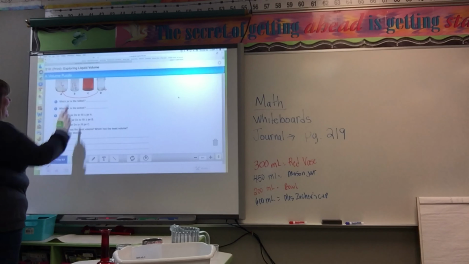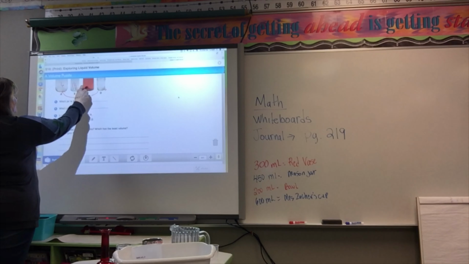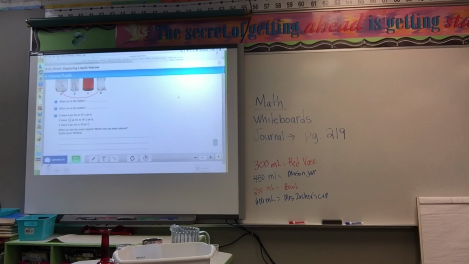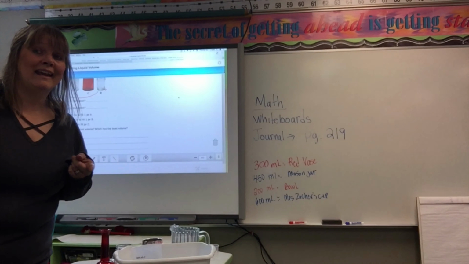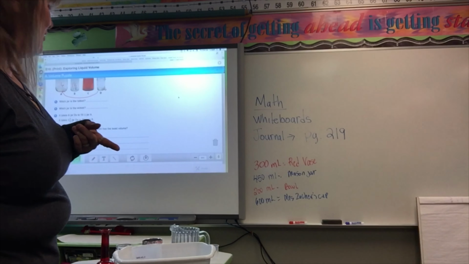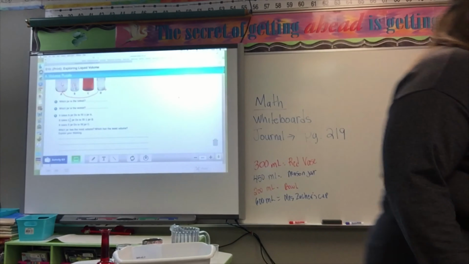And it takes 5 Ds to fill jar C. Which jar has the most volume? Don't forget to explain your thinking. How do you know that?